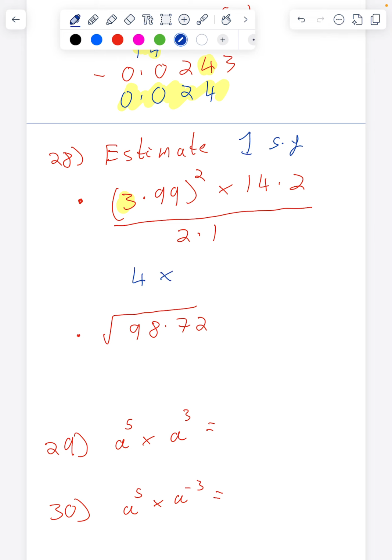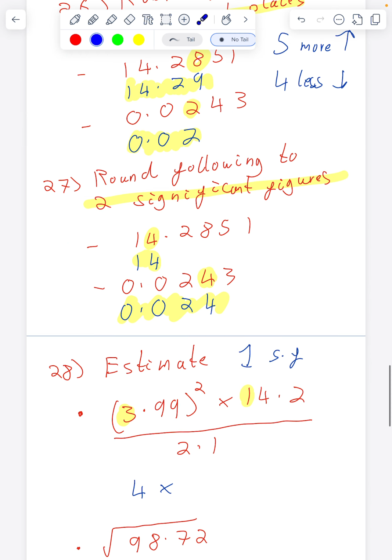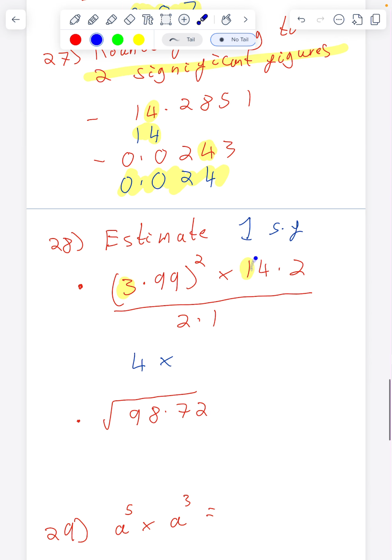Now your second number, be careful with this. Often people would round this to 14. That would be wrong. Unless stated otherwise, unless they tell you to round otherwise, well, your first significant figure here is a 1. And because the 4 next to it, number to the right, is less than 4, you round down and you keep this as a 1, and you replace the numbers afterwards with zeros. So it would go to 1, you replace the 4 with 0, and the 2 with 0, and 10.0 is just 10.